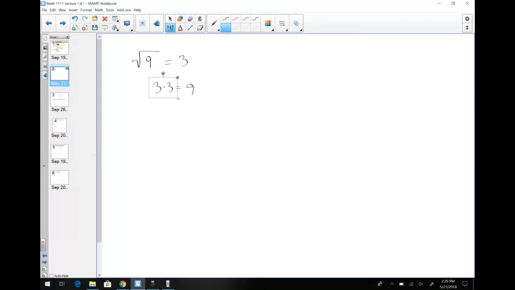So if we were trying to find the square root of -1, this would have to equal i, because there is nothing underneath this radical that you can multiply together to be -1. If you multiplied two negative ones together, that would give you a positive 1. If you multiplied two positive ones together, that would still give you a positive 1. So by definition, this is always going to be true.